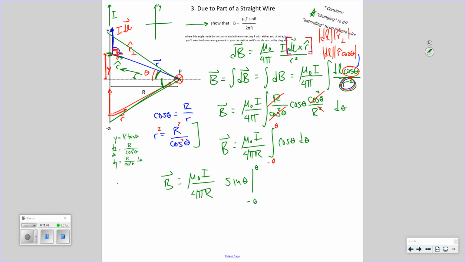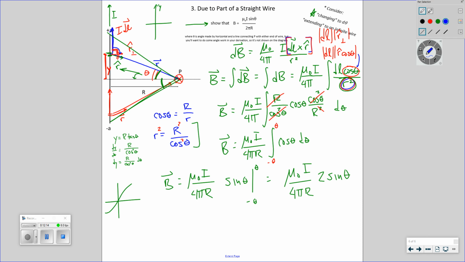The nature of a sine curve looks like that, so the sine of negative theta is negative sine theta. So what we're doing here is sine theta minus negative sine theta, or 2 sine theta. So what we get is mu naught I over 4 pi r times 2 sine theta, which simplifies to what we want, mu naught I over 2 pi r sine theta.